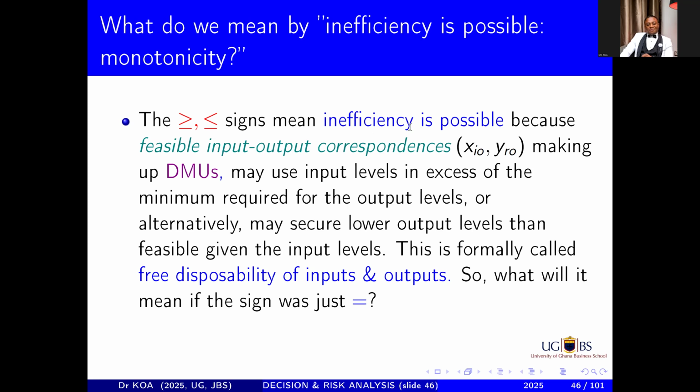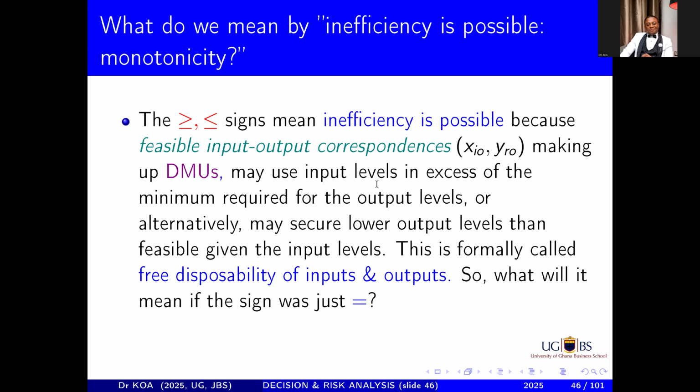And therefore, it is important for the DMU to try and do things that will make it look efficient. Inefficiency here means that the inputs are supposed to be less, but the DMU can use more of the input. It may use input levels in excess of the minimum requirement, given the output level.